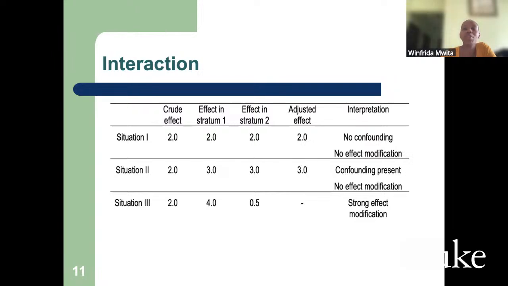So it's important to report the stratum specific estimates for your third variable. It means the effect of your exposure on your outcome is different in the strata of your third variable. If the effect is different in the strata, it means there is effect modification. The effect changes depending on that third variable.